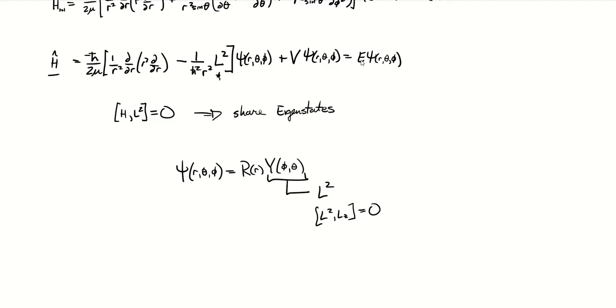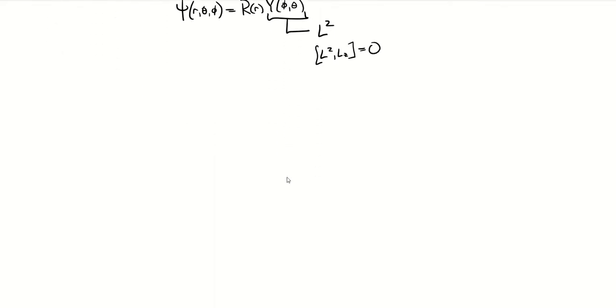So now we're going to attack those two operators and try to find their eigenvalues and eigenfunctions. We're going to use the same separation of variables techniques that we've been using. It's separation of variables all the way down to determine what these eigenfunctions are, and like we said earlier, ultimately put them all back together to get our full hydrogen atom wave functions.